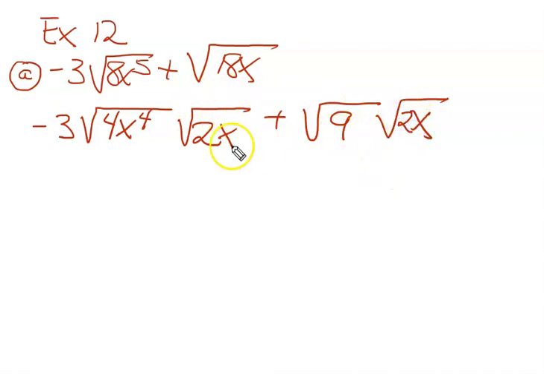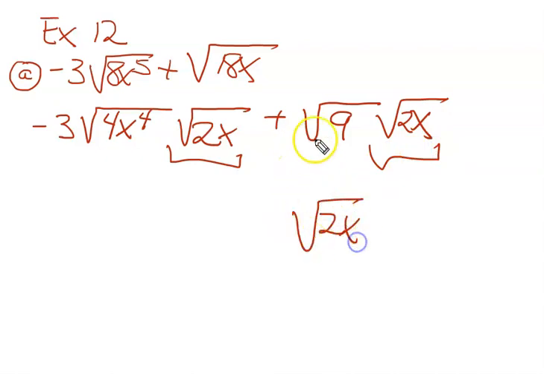There we go. All right, so this part here is a common radical. So this gives us the square root of 2x there. This is going to become a 3. And here we get the square root, let me put it this way, negative 3, the square root of 4, which is 2.